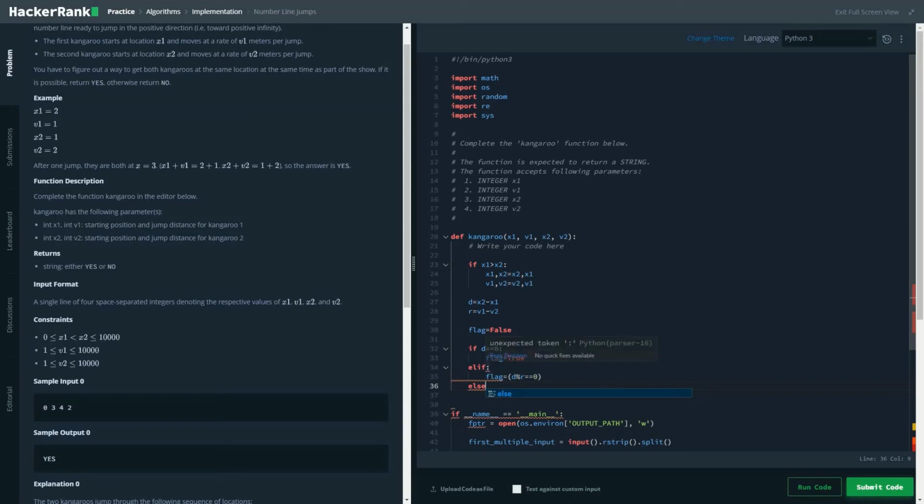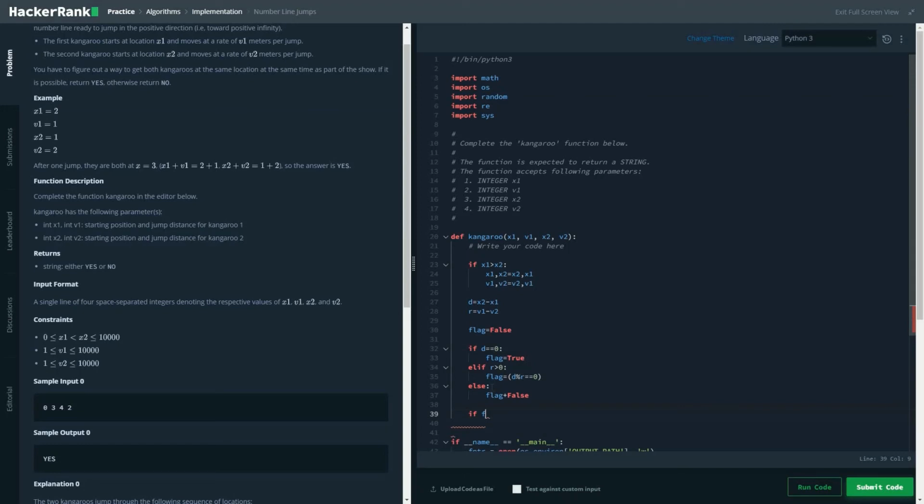Elif r should be greater than 0, and else the flag would be false. Now let's print it.